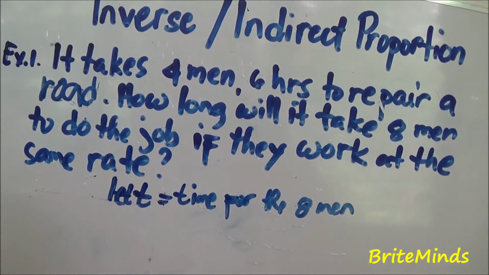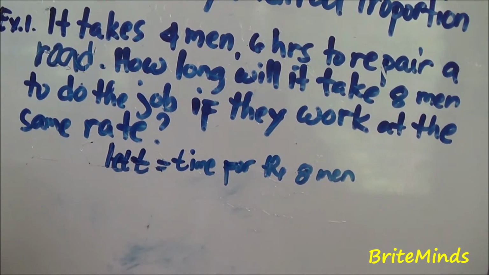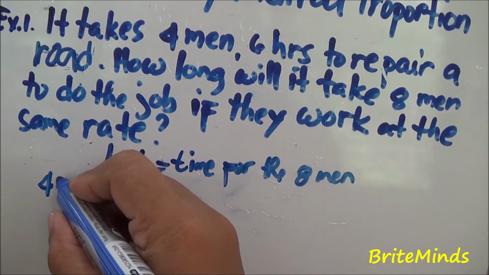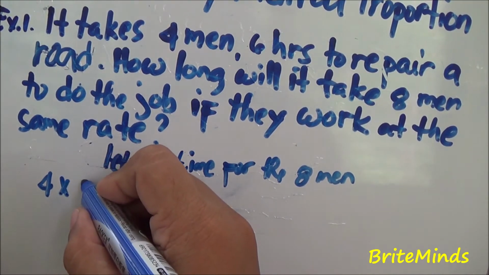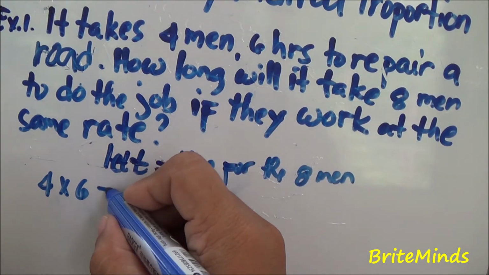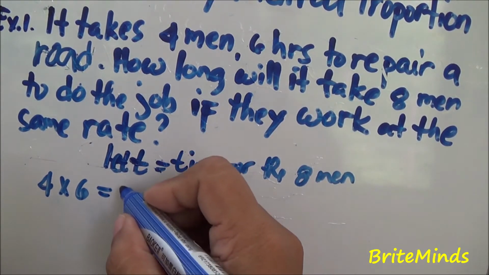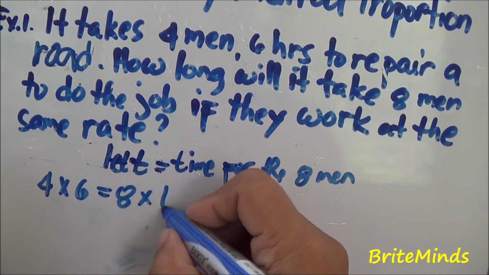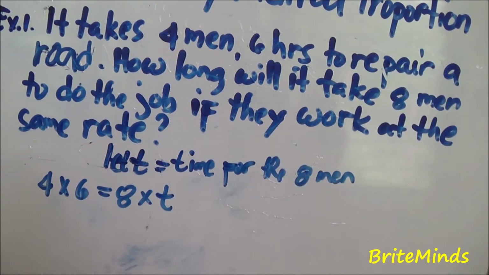So we're going to make our equation. 4 men, 6 hours to repair a job, and then 8 men, and then T time, since we don't know how long it will take for them to repair the job.